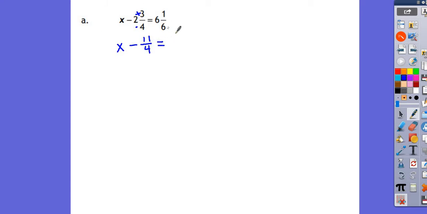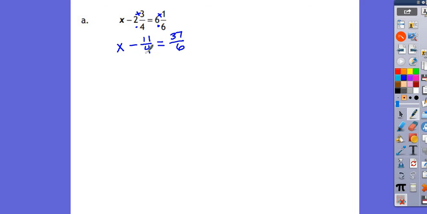Then I'm going to change this next fraction to improper. So 6 times 6 is 36. Plus 1 is 37 over 6. Okay, I changed them to improper. Now I notice that the denominators are not the same, and I'm adding and subtracting something, so I need common denominators.